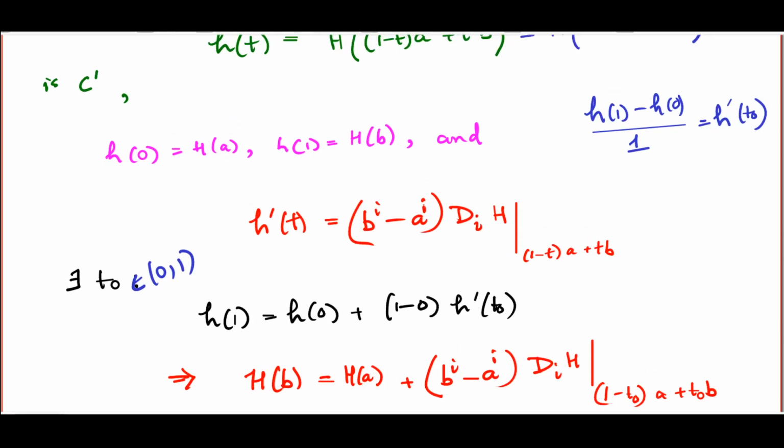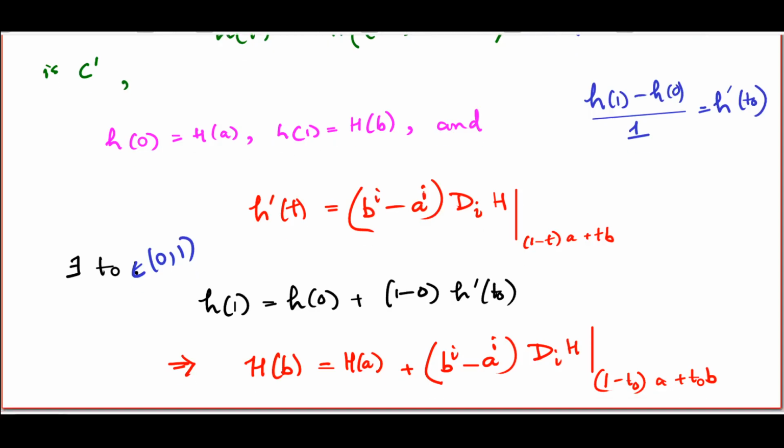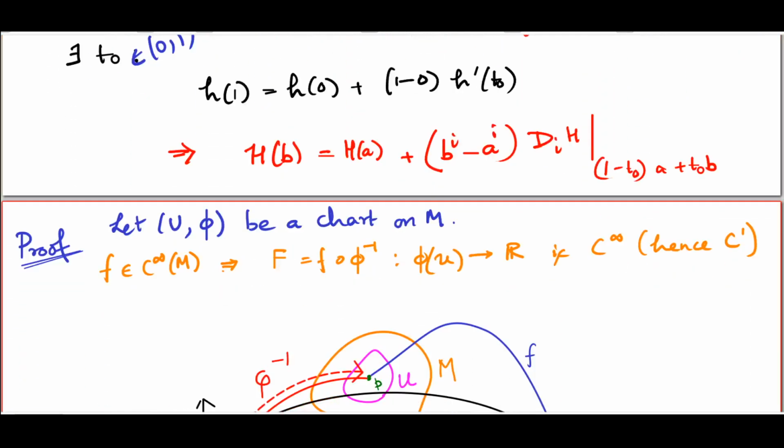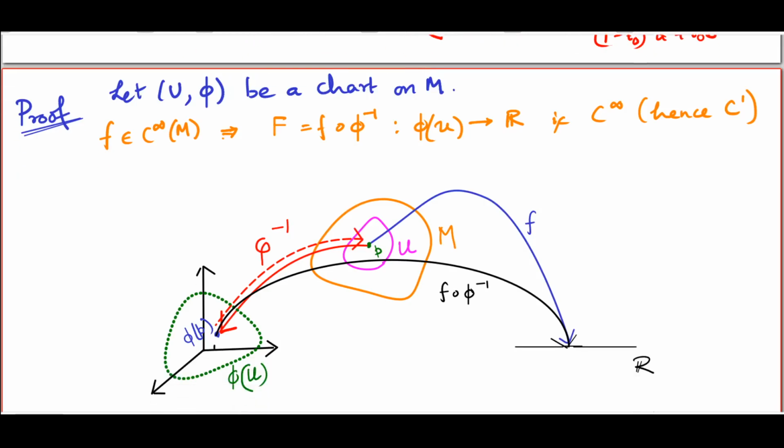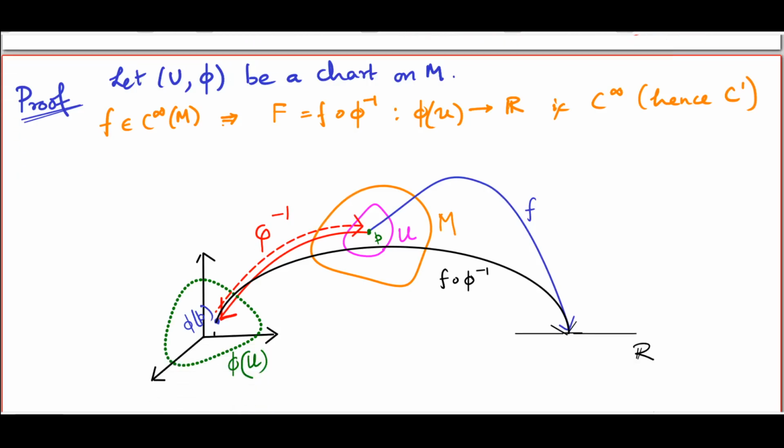With this result from real analysis under our belt, we will now proceed to prove that the del xi's actually form a spanning set for TpM. The way in which we do that starts by examining that notion of the proxy function given a particular chart u, phi.